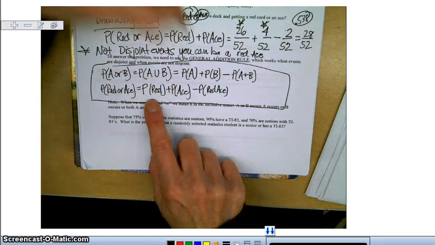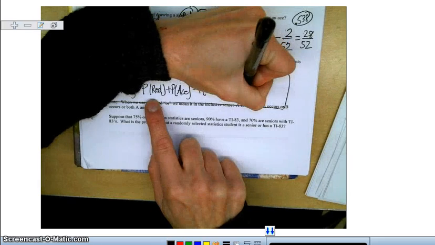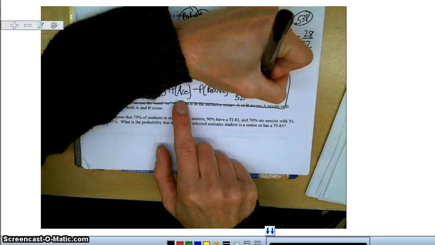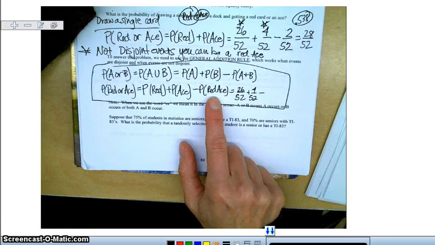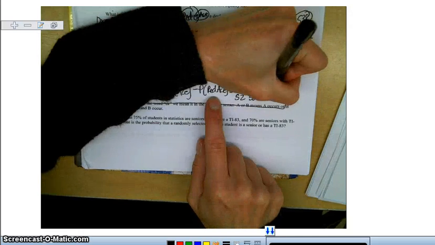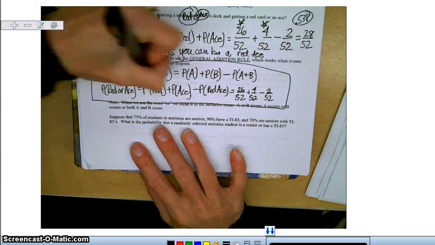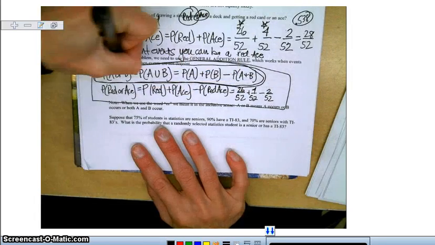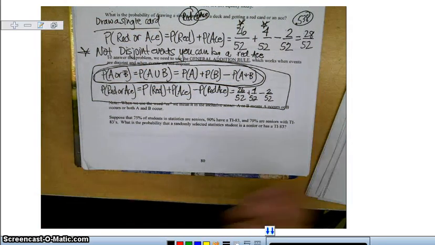So the probability that you were red was 26 out of 52. The probability that you were an ace, well, that's 4 out of 52. And what's the probability that you were a red ace? 2 over 52. So this is the general addition rule for finding OR probabilities, whether the events are disjoint or not disjoint.